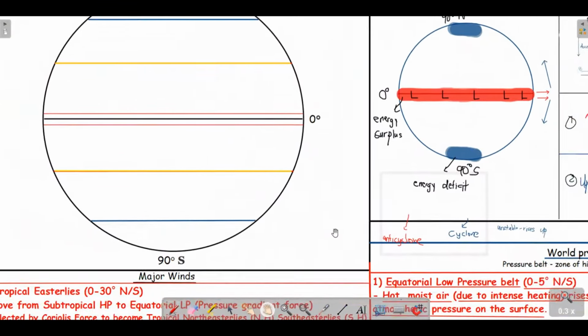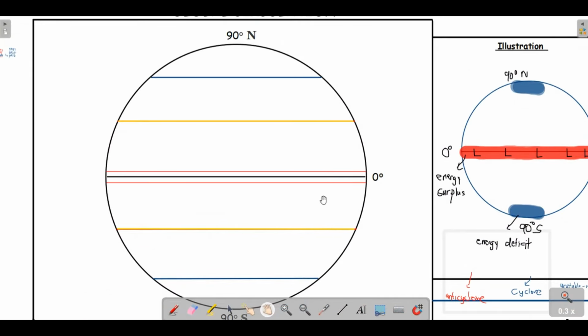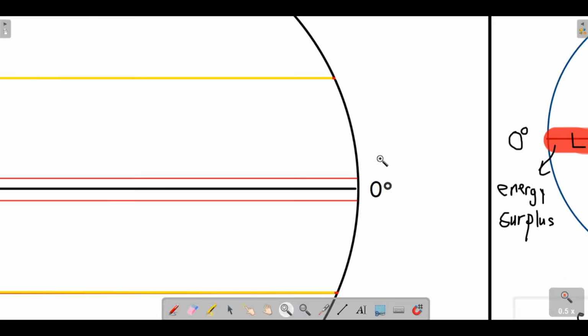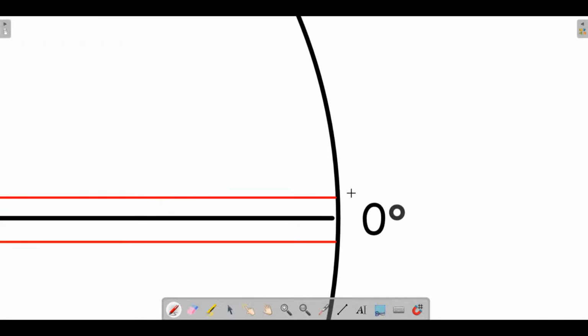So that's what I'm going to write down in this big diagram. I'm going to write down the equatorial low pressure belt between 0 and 5 degrees. So this means that this is 5 degrees north and that's 5 degrees south, right?